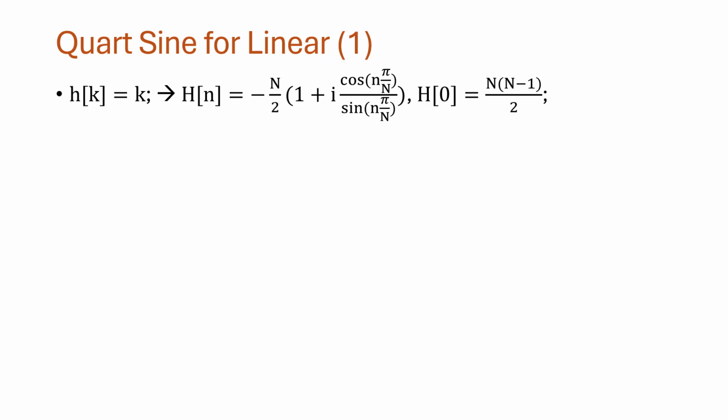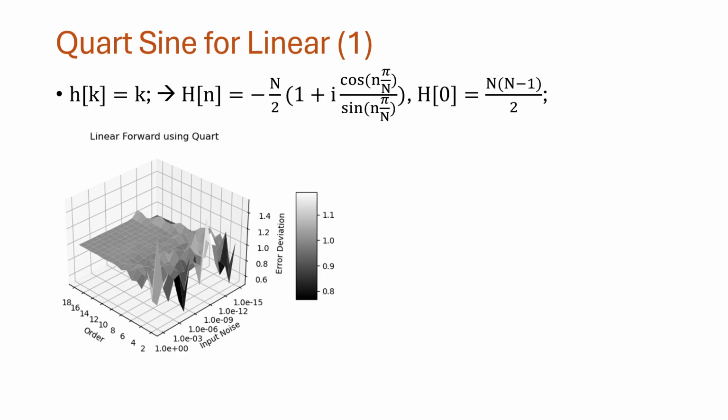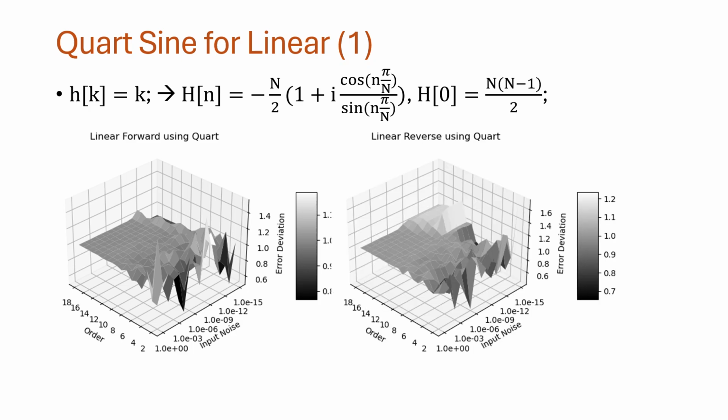But before that, we start with the clean cosine to see the behavior. We still see an error deviation very close to 1, with some ideal coverage area, and some proper coverage area very close to 1. And when we look at the reverse transformation, we again see a smaller ideal coverage region, and also a smaller proper coverage region.